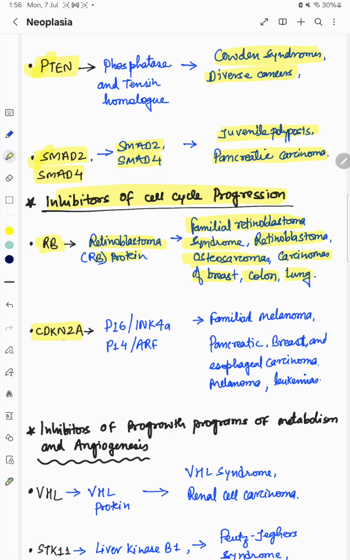Other gene is CDKN2A, which encodes P16 or INK4A, and P14 or ARF. Mutation of this gene will result in familial melanoma, pancreatic cancer, breast cancer and esophageal carcinoma, melanoma and various leukemias. So in inhibitors of cell cycle progression, we have discussed the retinoblastoma and CDKN2A genes.